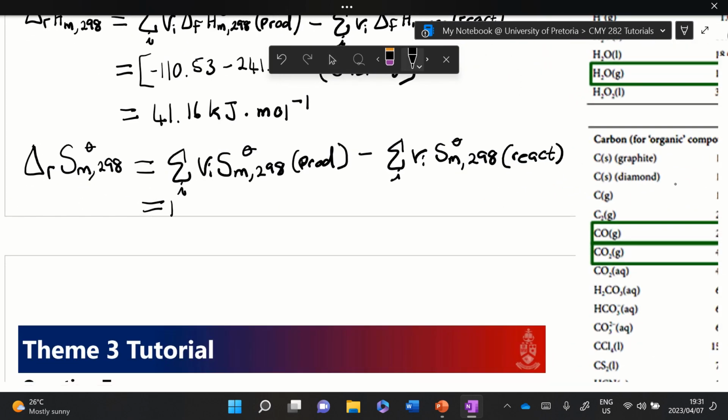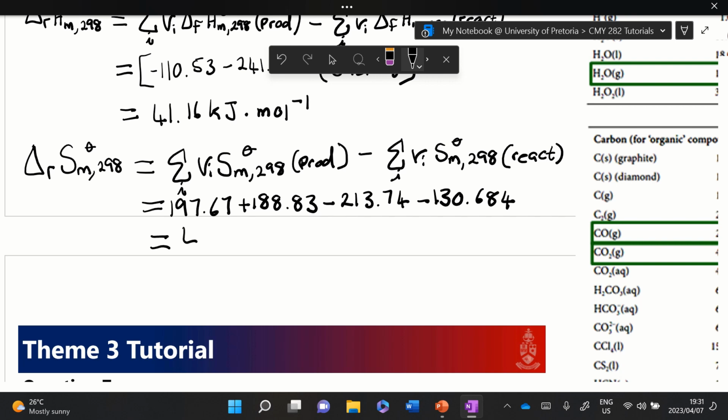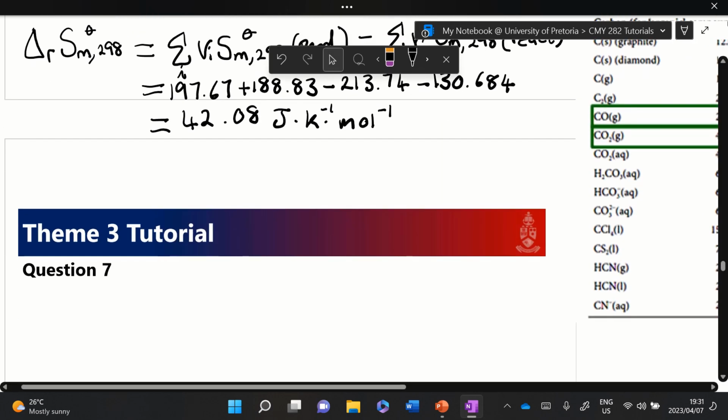That's 197.67 plus 188.83 minus 213.74 minus 130.684. That is equal to 42.08 joule per Kelvin per mole. So that is the two values at 298 Kelvin.